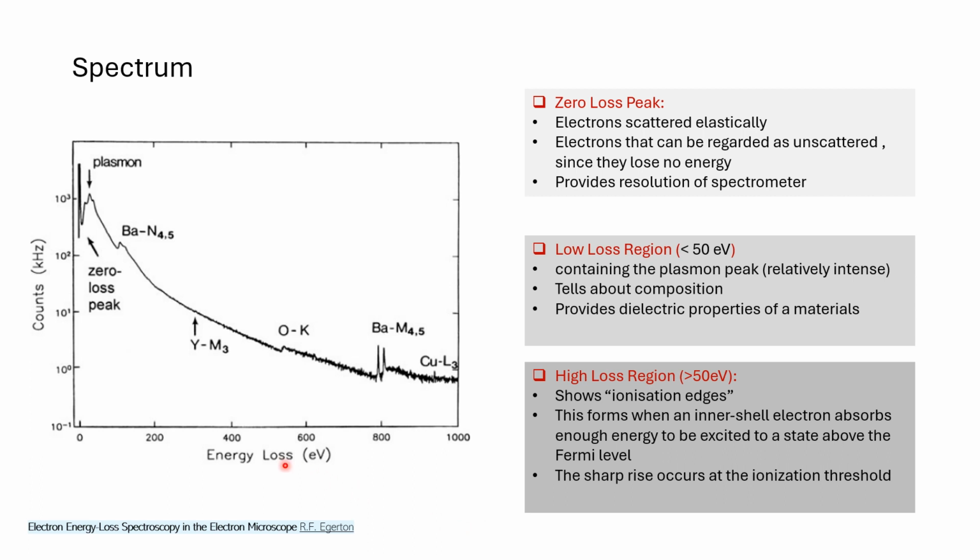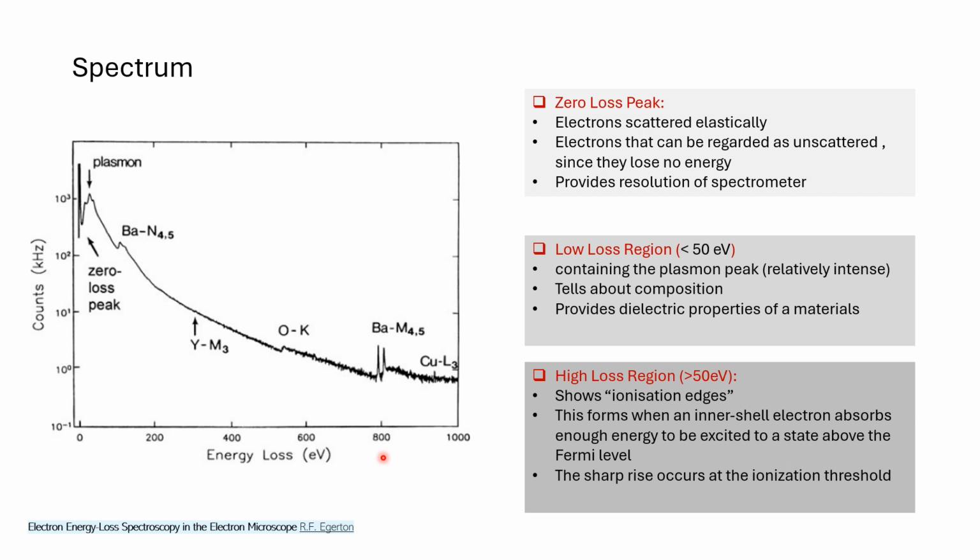So the intensity rises rapidly and then falls in a more slow manner with increasing energy loss. The sharp rise occurs at the ionization threshold. Since inner shell binding energies depend on the atomic number of the scattering atom, these edges reveal elemental information of the material.